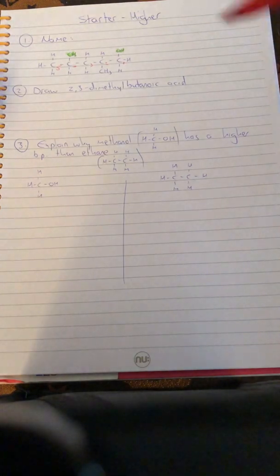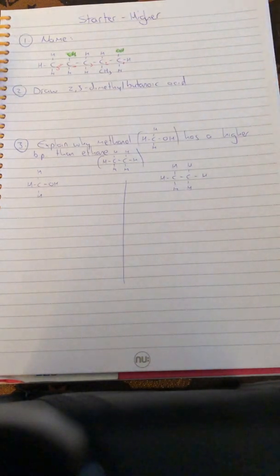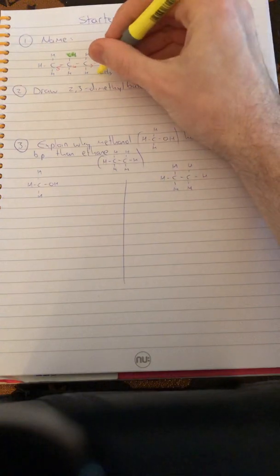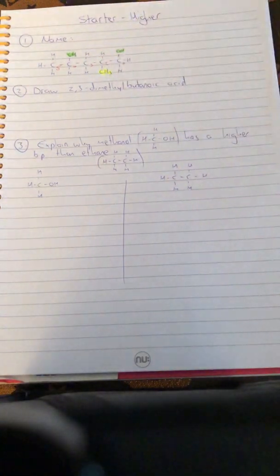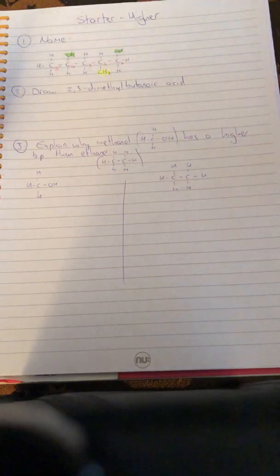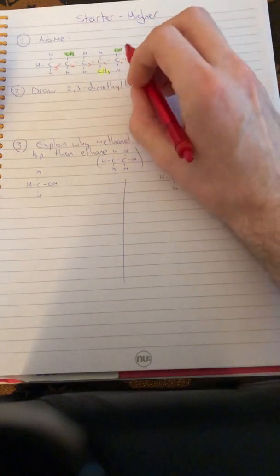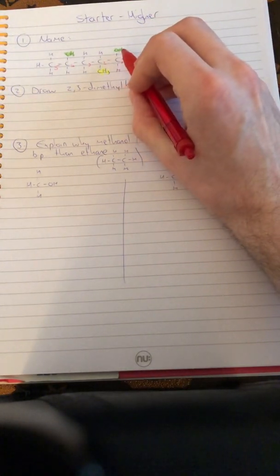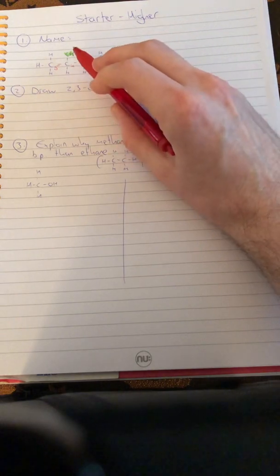Right, now we also have a branch on carbon 2. So let's start. We'll name the alcohol part first. So there's 5, so that's pent, and we've got a functional group on carbon 1 and carbon 4.